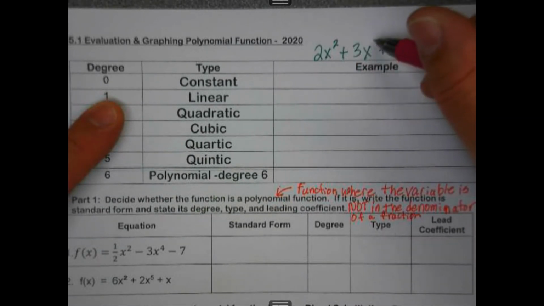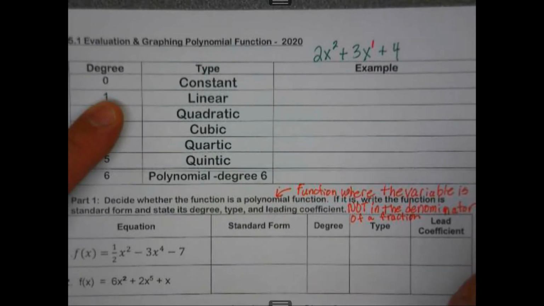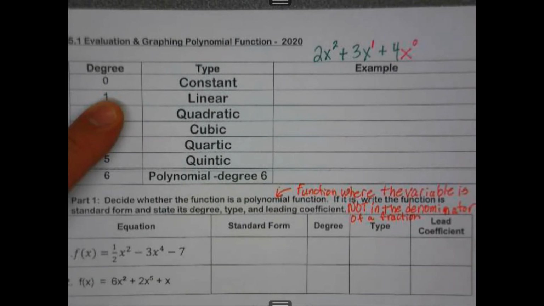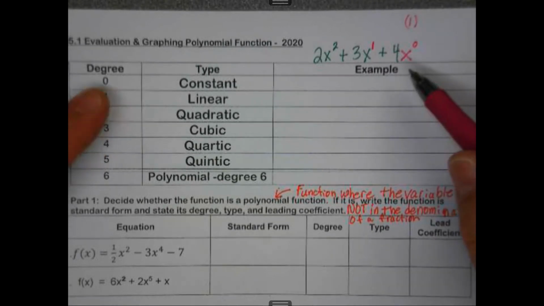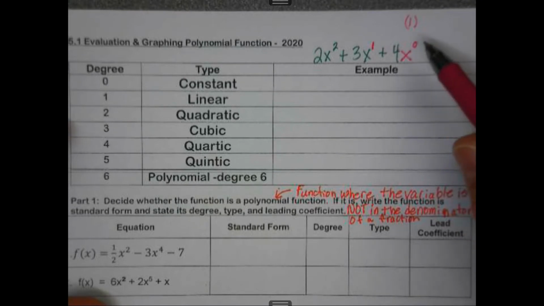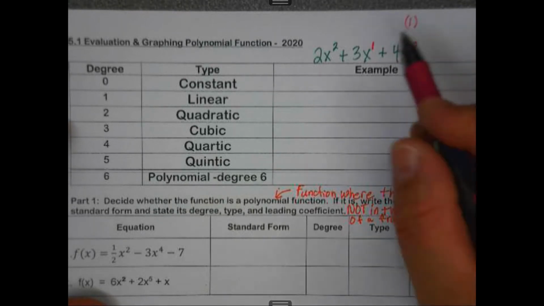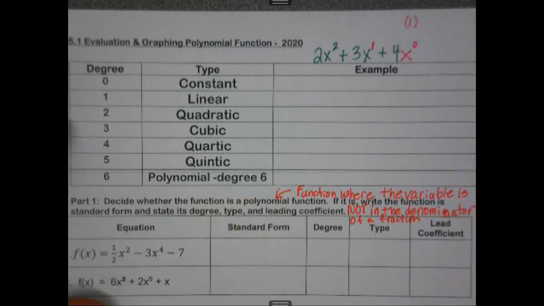This is x to the first, and there actually is an x here, but it's raised to the 0 power. Remember, anything raised to the 0 power is 1. 1 times 4 is just 4. So we normally don't put an x to the 0 power there. In fact, we never do. And we just call that 4 a constant.